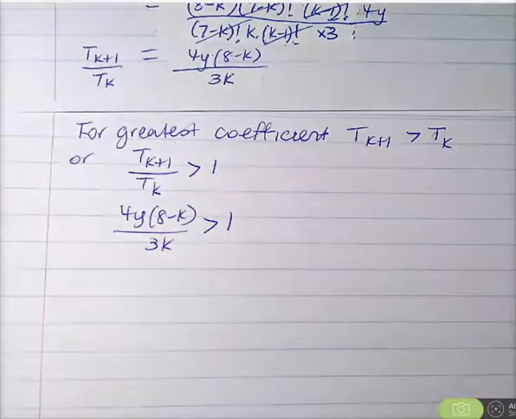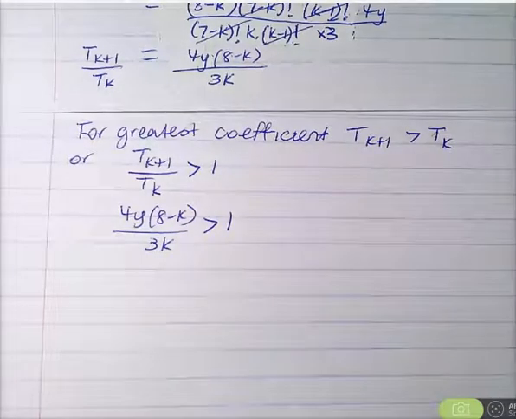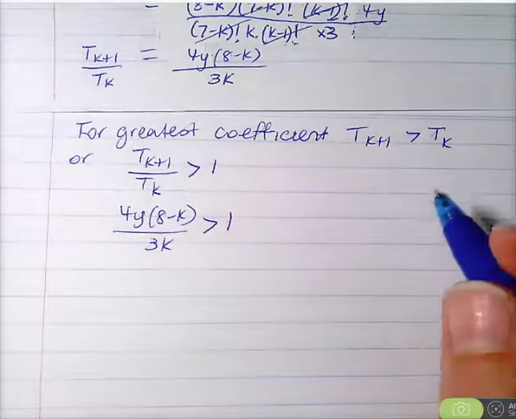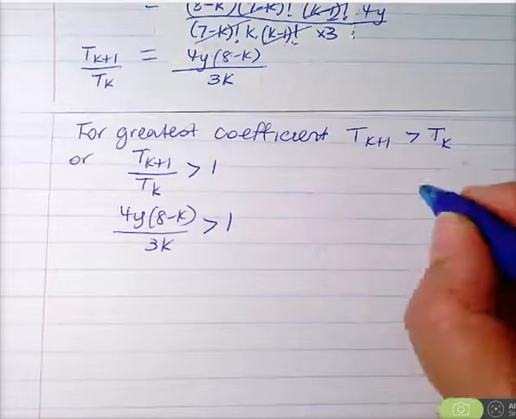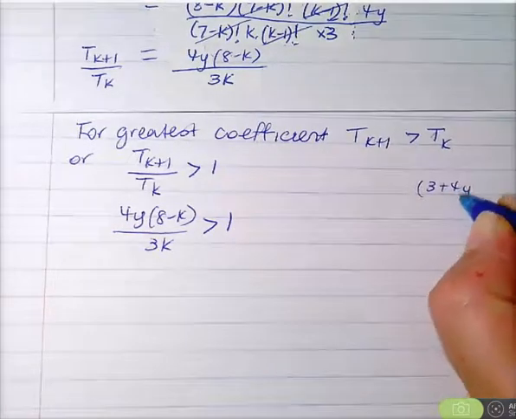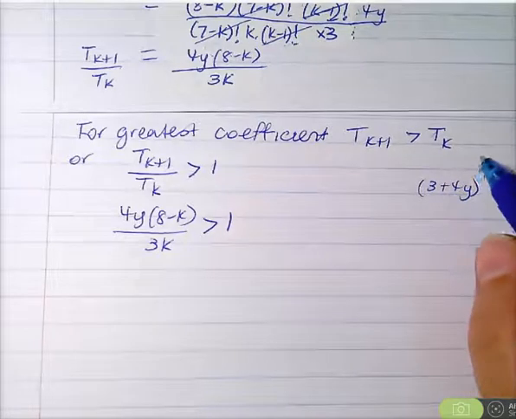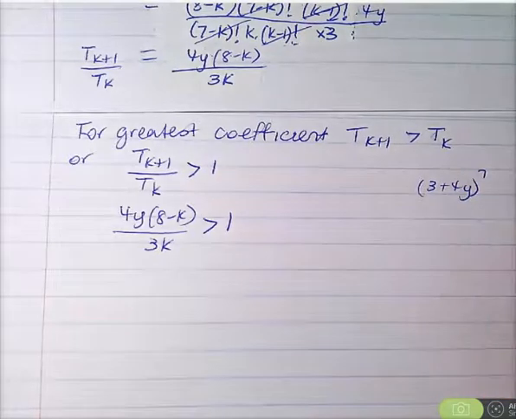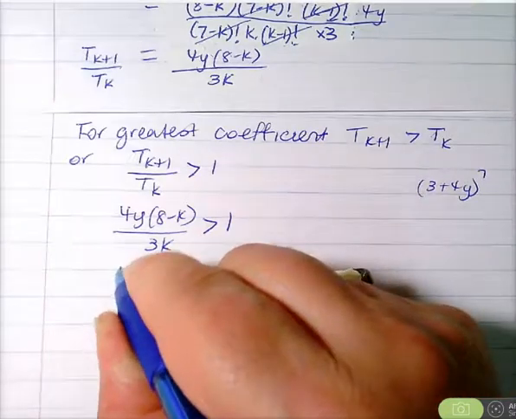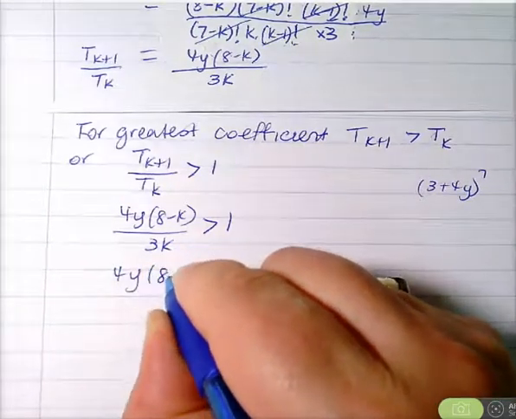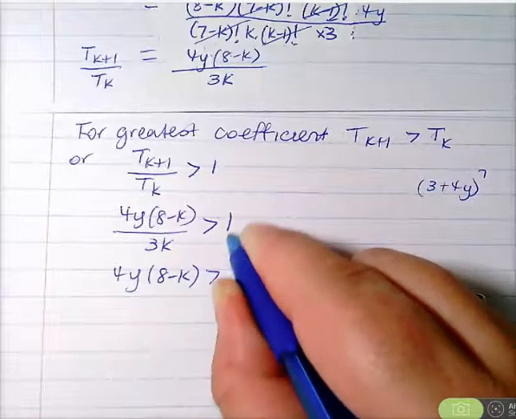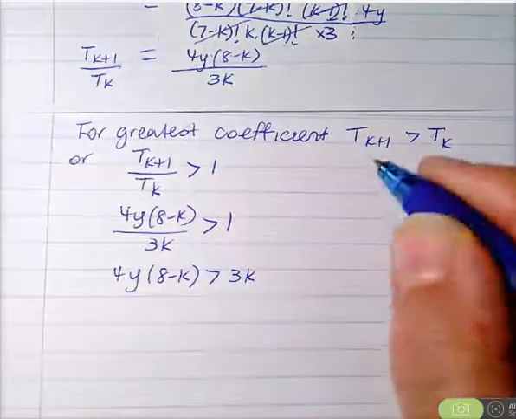Now we know that k is positive because we're doing the expansion of 3 plus 4y to the power of 7, k lies between 0 and 7. So k is positive, so therefore 8y times 8 minus k is greater than 1 times 3k, which is 3k.